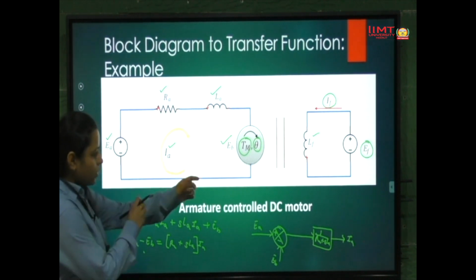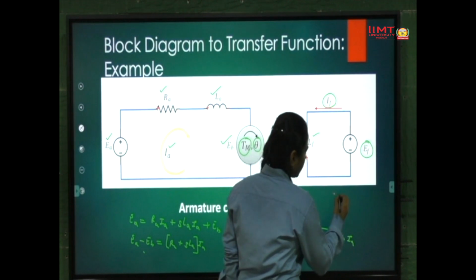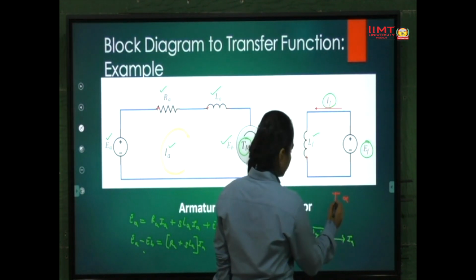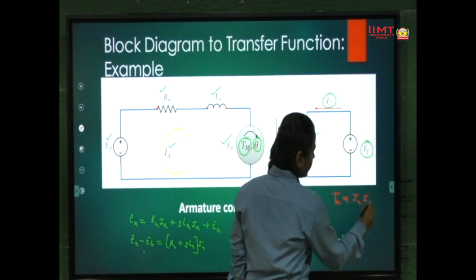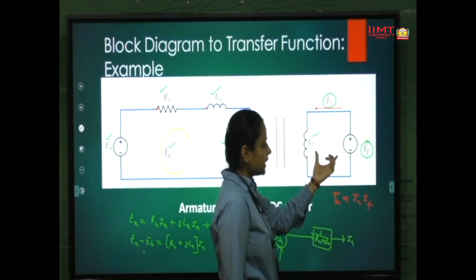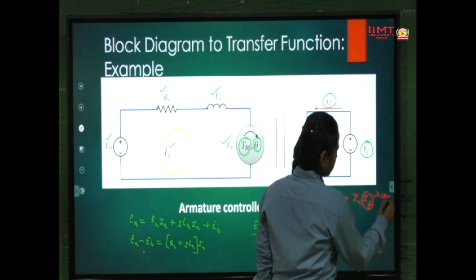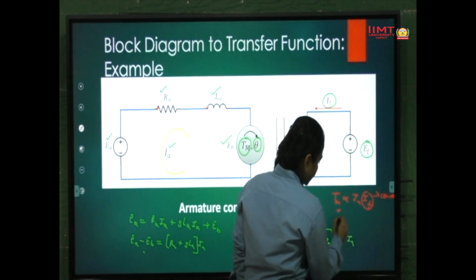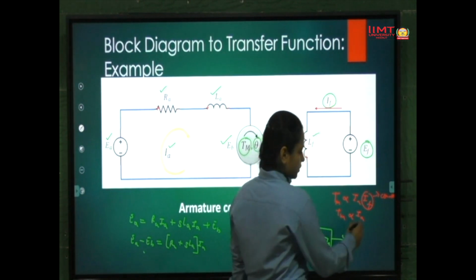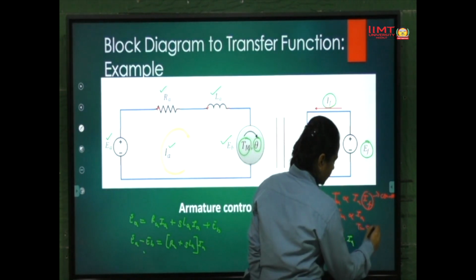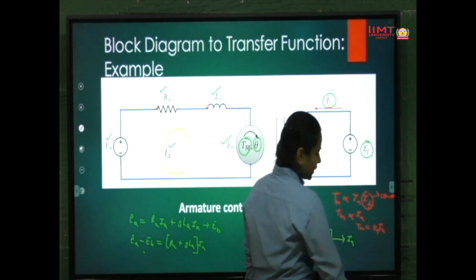Now for another block. We know the motor torque is proportional to IA into IF, the field current and armature current, and for a separately excited DC machine IF is constant. So we can write TM is directly proportional to IA, or TM is equal to KT IA.